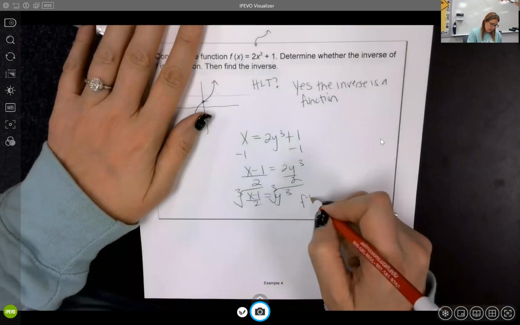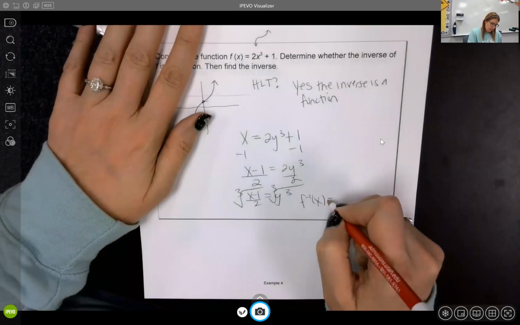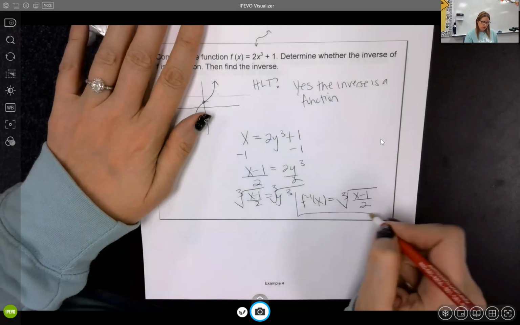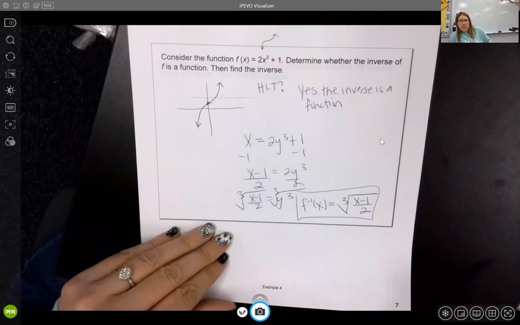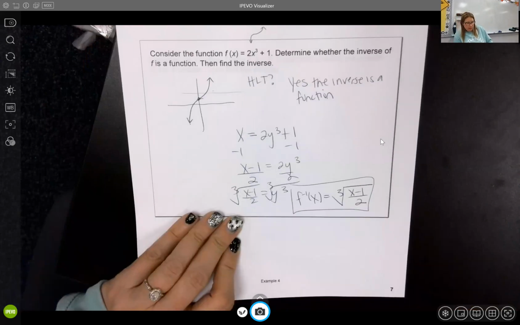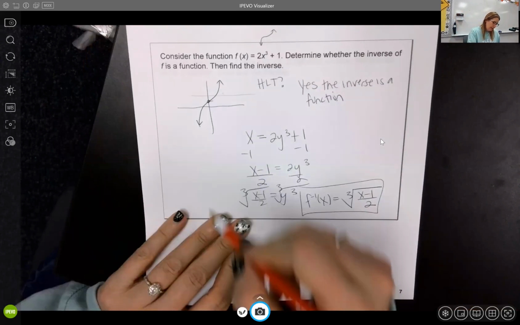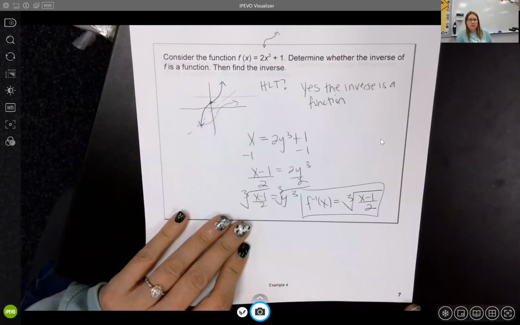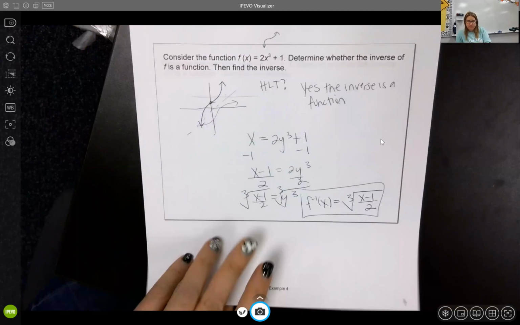So the inverse is the cube root of x minus 1 over 2. It doesn't ask me to graph those. Okay, you probably could if you wanted to sketch it. You know, you kind of go like that and graph the inverse. But you don't have to.